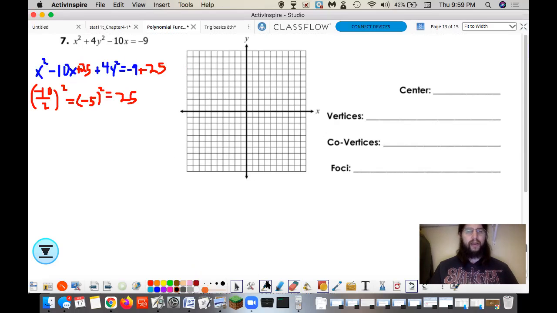Now, we have added the magic number to make this a perfect square trinomial. So it will factor nicely as x minus 5 squared. That's why you should simplify that first, because that's what's going there, including the sign. Plus 4y squared equals, what's that, 16?